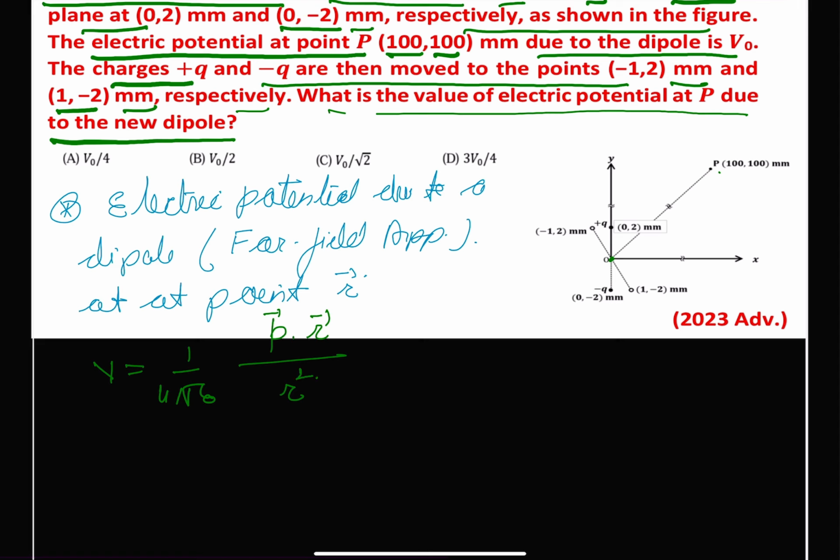Here P is the dipole moment, which will be equal to q multiplied by the displacement vector. Sorry, this is r unit vector, my mistake. It is the thing showing the direction.